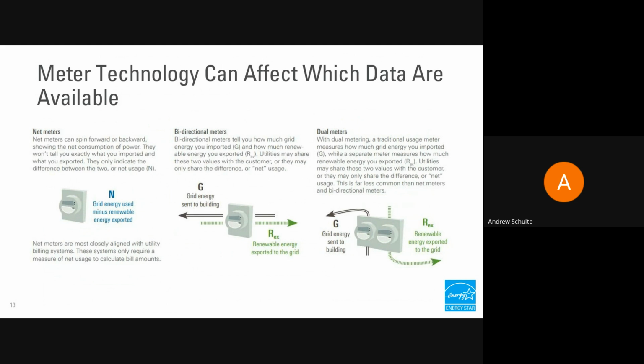So utilities that have bidirectional meters, if they're only reporting net consumption on the customer bill, obviously that's because some math would have already been done. That G minus R sub X would have been performed either within the billing system or before the billing system, so that the net consumption value could be provided to the customer.